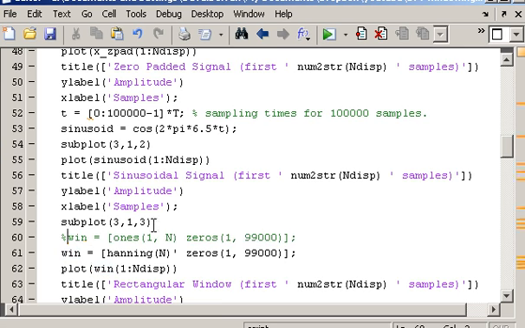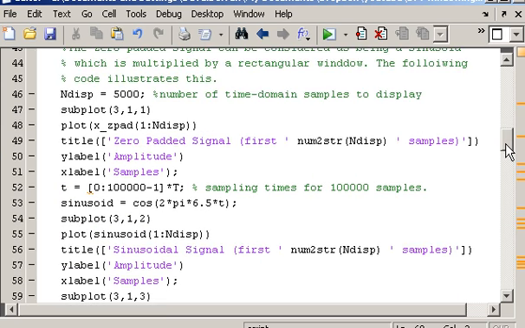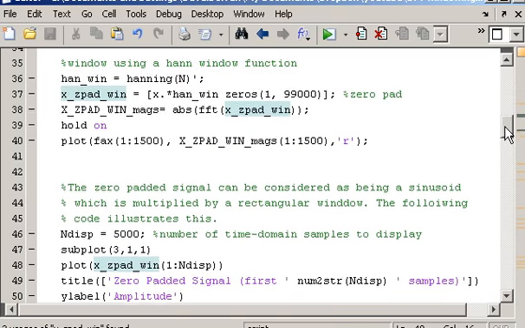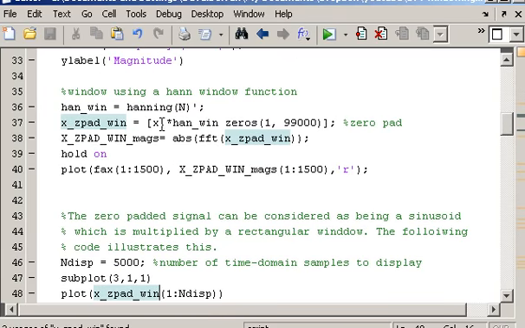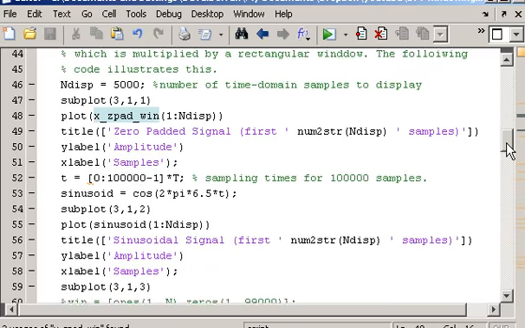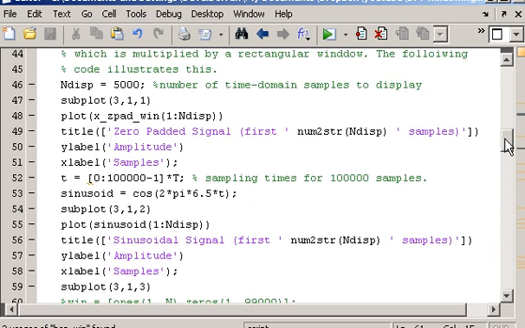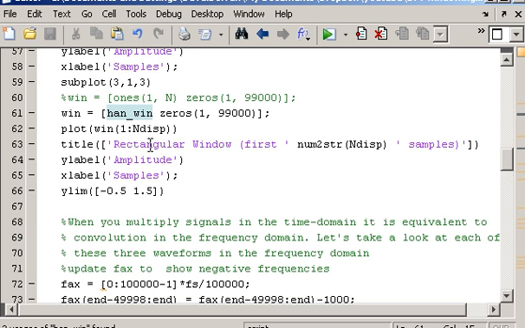And what I need to do is also change this to x_zpad_win, because earlier on I actually had multiplied my signal by a Hanning window. In fact, I'll just put Han win here instead. That would do the same job. What else do I need to change then? I need to change the comment to Hanning window, and that should do for there.